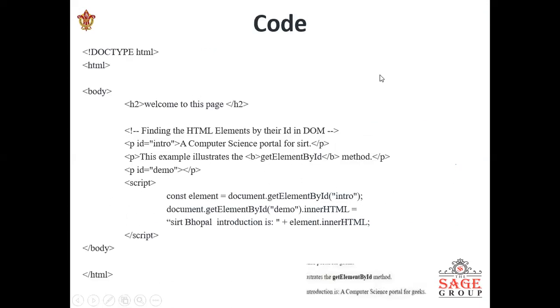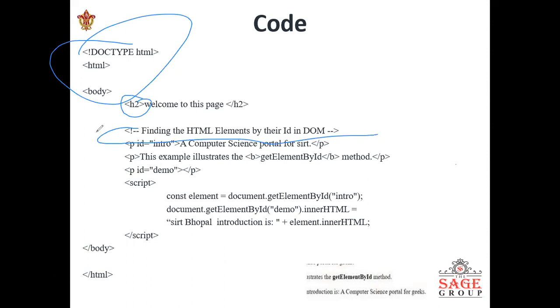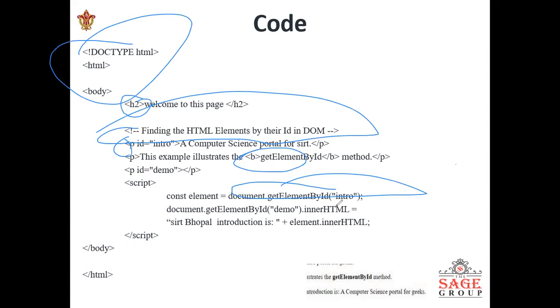Here you can see the code. First I define the doctype, HTML, body and H2 tags, and I find the HTML elements by their ID in the DOM. Here is a P tag and its ID is intro paragraph. This example illustrates it: here I am getting the bold text, using a script with document.getElementById intro and innerHTML. Then we close the script, the body, and the HTML.